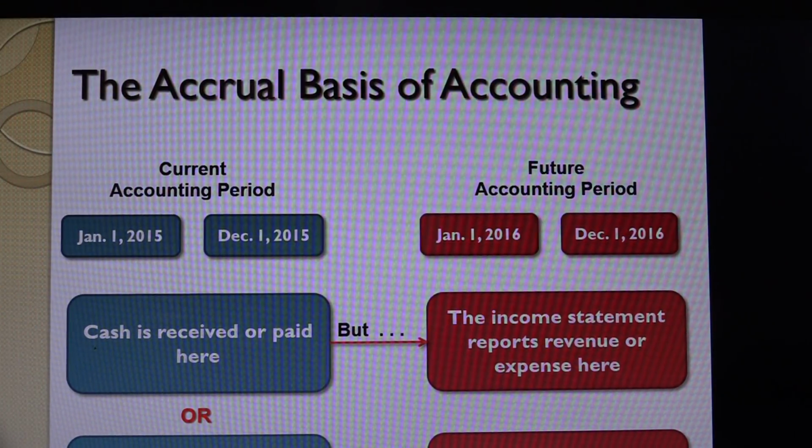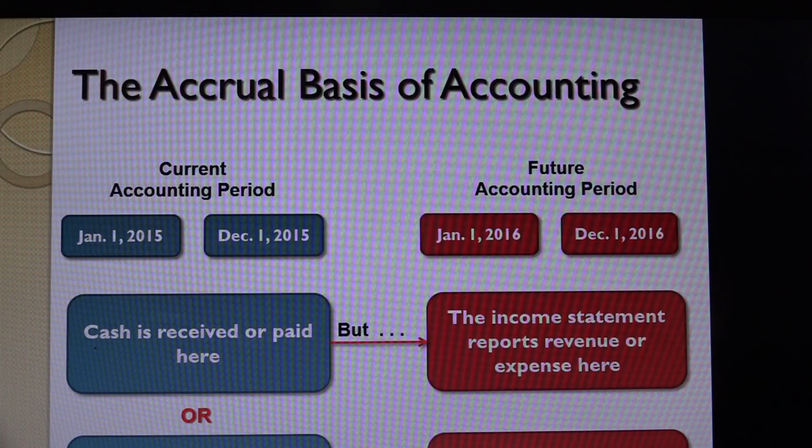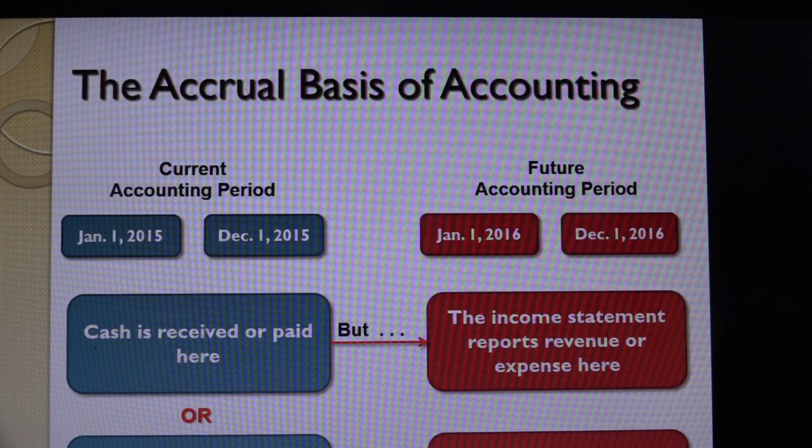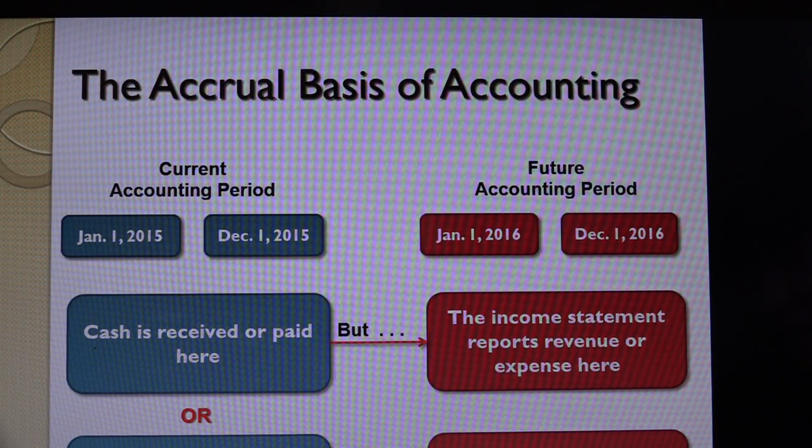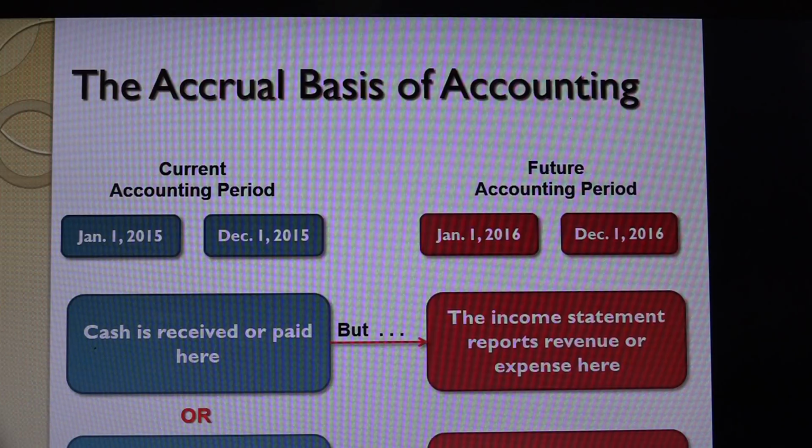And so the point here is that sometimes you receive cash or you pay it in a prior period, but you don't report it till a later period. That would be when you have a customer who, in the case of cash received, prepays but you haven't provided them a service or sold them a good.